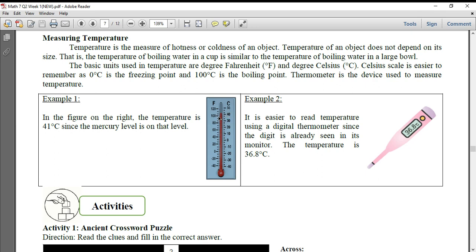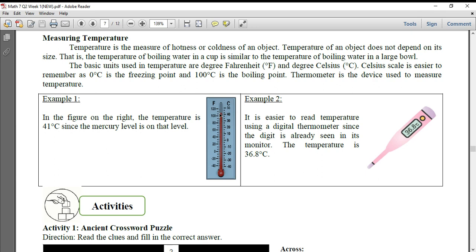Okay, so ito parang sa degrees Fahrenheit, sa 100. Kung this one is 20, so this one is proportional. So, 10 divided by 3. So, it's 3 point something, no? 103.